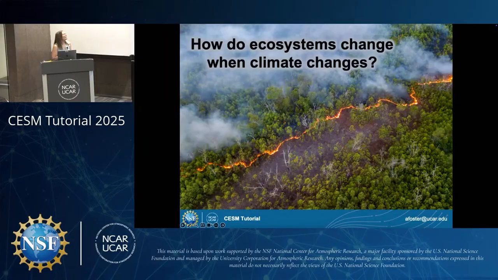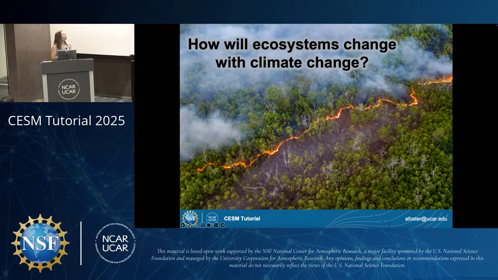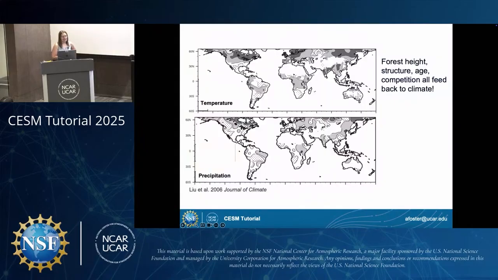Okay, so we want to ask, how do ecosystems change when climate changes? Really, we should say how will ecosystems change with climate change, right? And as I said, plants are integral components in the Earth system. They affect the climate. Forest height, structure, age, and competition are all key components of this feedback.